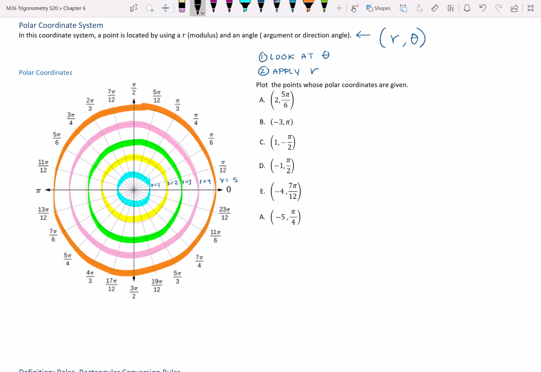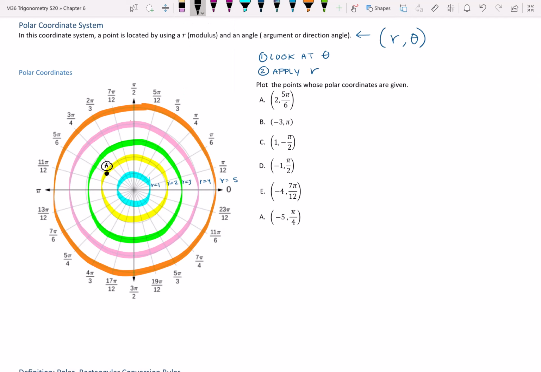So here's 5 pi over 6, and my R is 2. So 5 pi over 6 is along this line, and R equals 2 is going to give me a point right there. And so that's my A here.